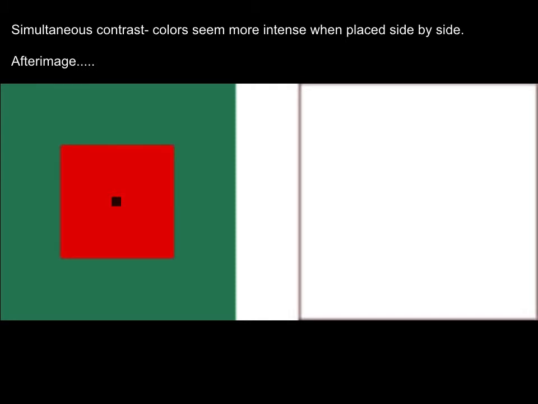There's also another interesting occurrence known as simultaneous contrast. What I want you guys to do is stare at the black dot on the left-hand side of your slide for 30 seconds, starting now.